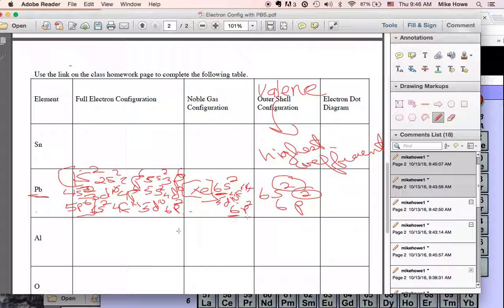So over here when you do dot diagrams, I'm going to put a sample down here. For some element X, remember we said you'd have the S sublevel, which is the sunny room. Then we'd have the pink room with 3 beds in it. If I want to draw it with beds, for some element X, there's the sunny room. And here are the beds in the pink room. Remember there were 3 of them. So if I'm going to put electrons in, I've got 2 in the sunny room.